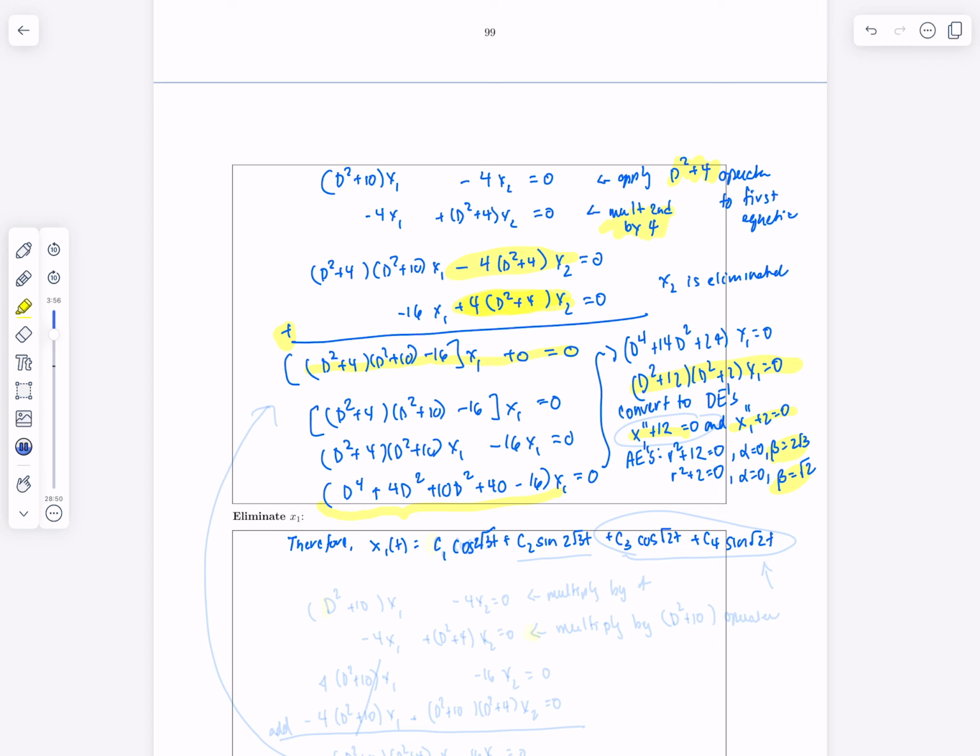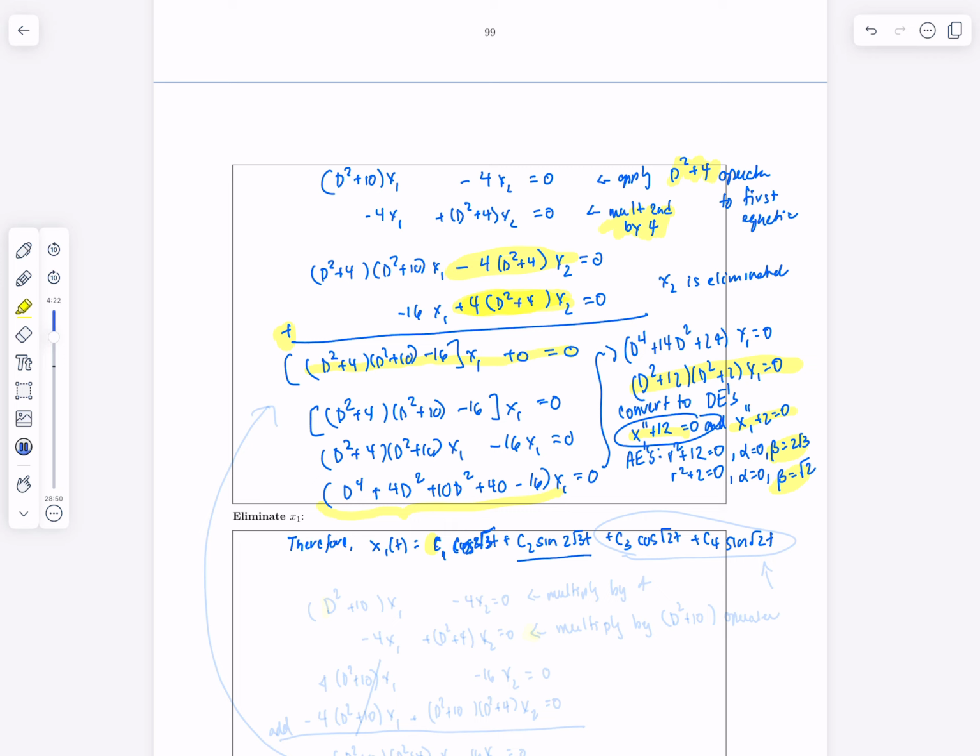So one of the solutions is given by looking at the equations that we had earlier. I'll write this again: C1 times cosine of 2 square root of 3 t, plus C2 times sine of 2 square root of 3 t. That corresponds to the solution of this second order problem.